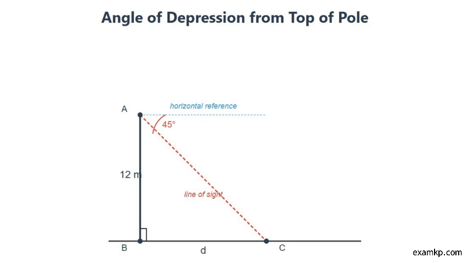NECO question 3. A vertical pole 12 meters high has an angle of depression of 45 degrees to a point on the ground. Find the distance. d equals 12 over tan 45 degrees, which is equal to 12 meters. So the answer is 12 meters.